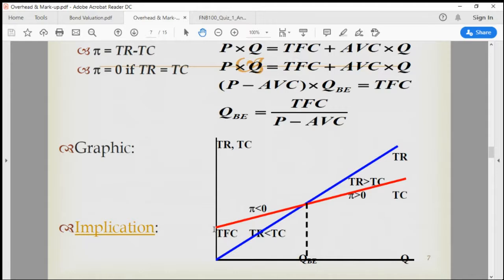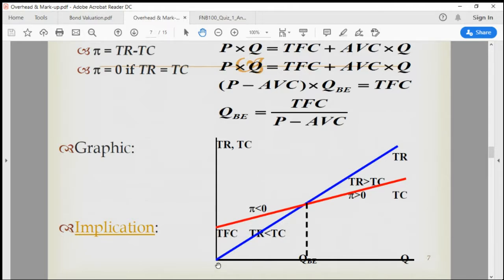I told you also total cost can be approximated as a straight line too, but it's not a straight line in reality, right? Now, and also total cost doesn't start from zero, right?